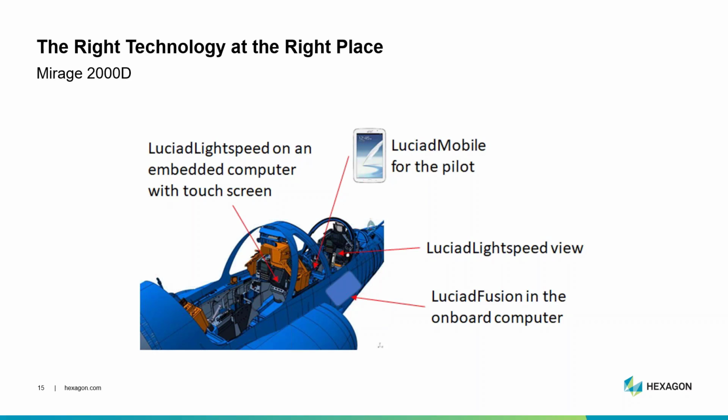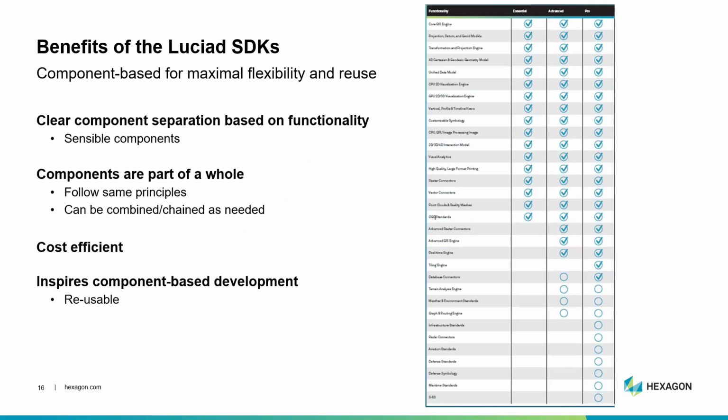So what are the main benefits of these SDKs? What do they bring for the developer? Well, first of all, it's component-based for maximal flexibility and reuse. They're clearly separated based on functionality, and they kind of make sense.